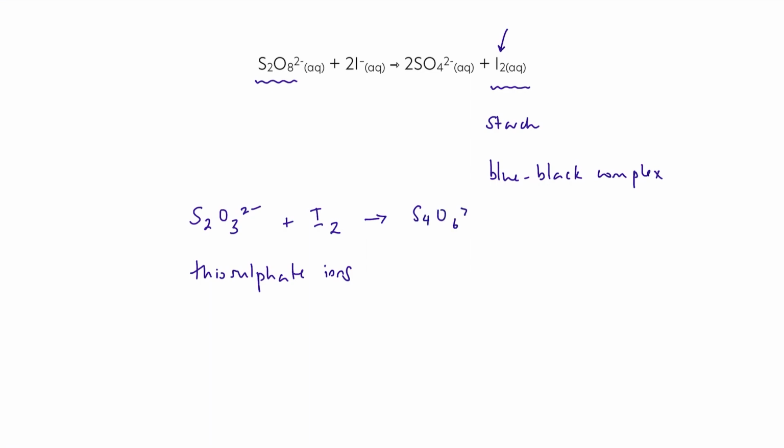We get some S4O6 ions and iodide ions. Iodide ions, of course, are colourless.